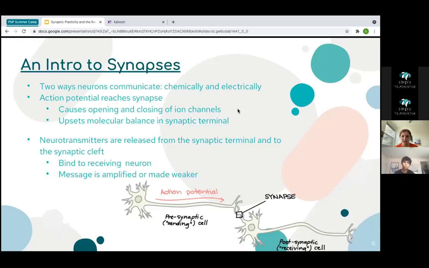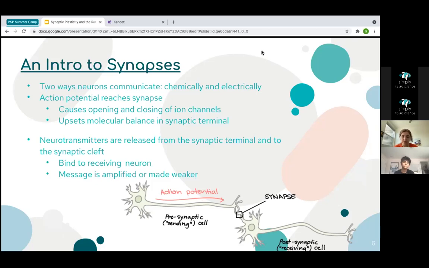It reaches the terminal, and then that activates ion channels to open or close, which then leads to the release of neurotransmitters. And neurotransmitters are chemicals that bind to the receiving neuron's receptors after traveling through the synapse to make it more or less likely to fire.